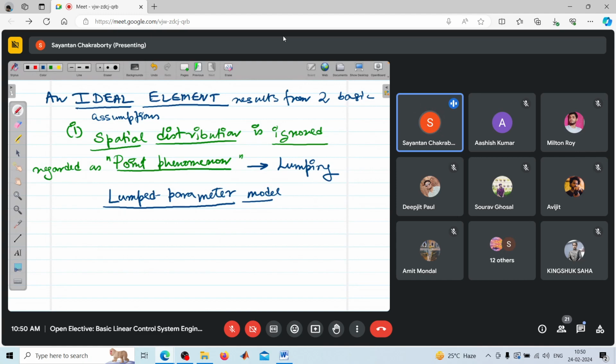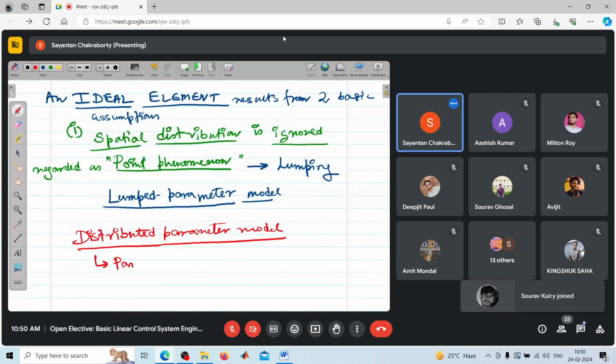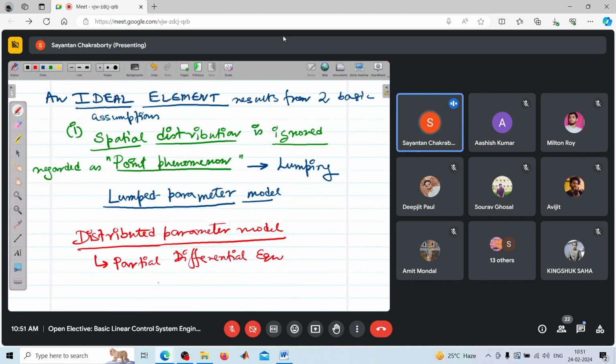So in that case, just for the note, it will be a distributed parameter model, and such a model is described by partial differential equations, because it is a function of both displacement and time, whereas the lumped parameter model is a function of time only.